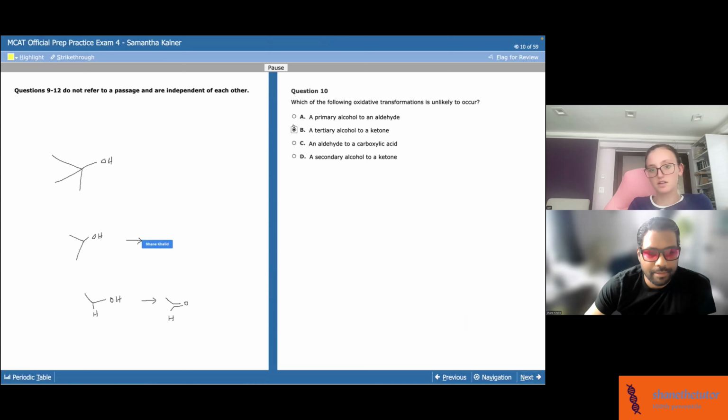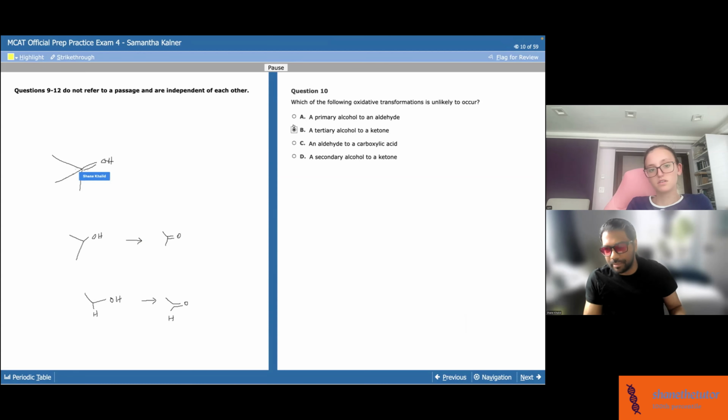Then a secondary alcohol, same thing, but instead of a hydrogen we already have two carbons, so that's your ketone. Yes, that makes D correct. But tertiary can't, because if we're making a new bond, carbon can only have four bonds. In a tertiary compound, the carbon already has the four. If we did this, this carbon now has 1, 2, 3, 4, 5 bonds, which is impossible.